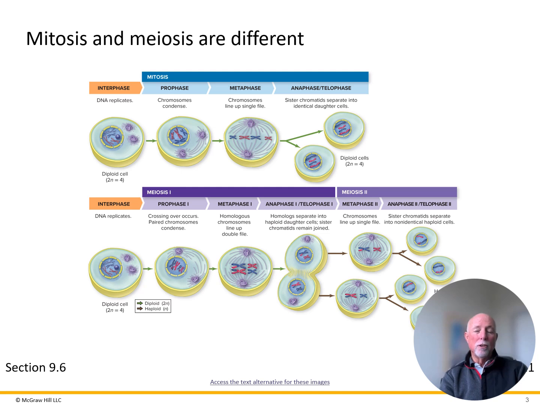And those result potentially in another organism after fertilization. So you see the difference between the two. Mitosis occurs in our body cells, what we call autosomes, or body cells, somatic cells, whereas meiosis occurs in sex cells only.